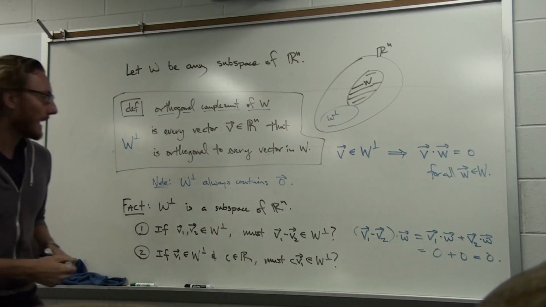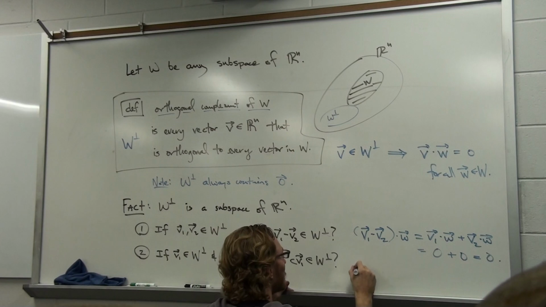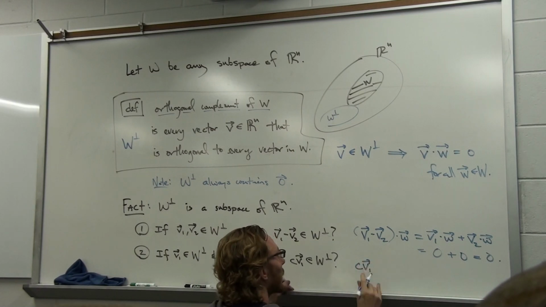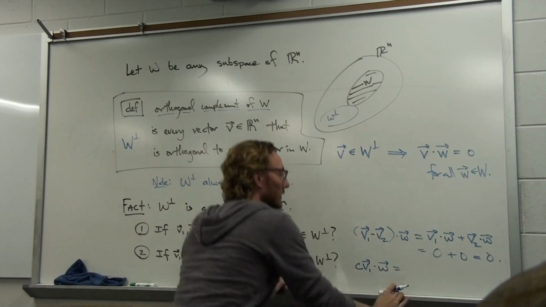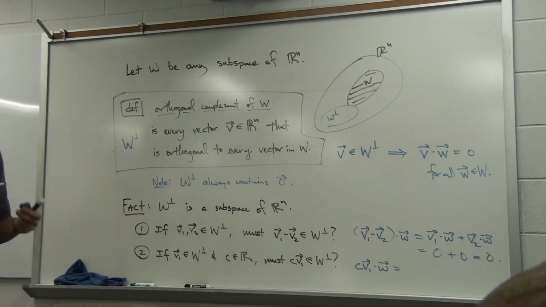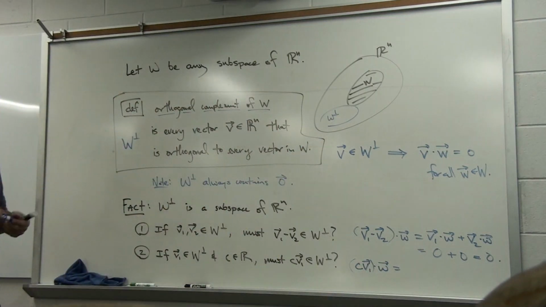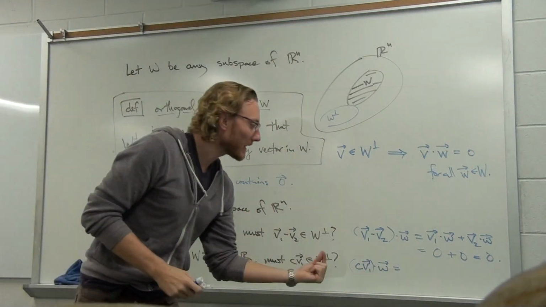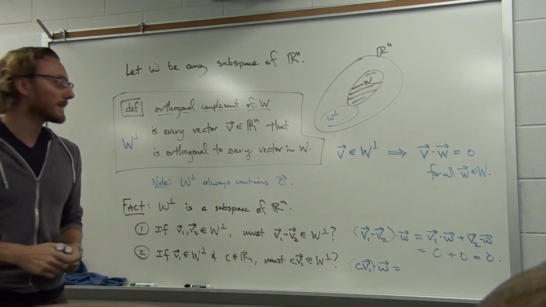And well, let's scale our vector here. So if we do scale our vector, the question is, does that dot with every vector of W to be 0? And I claim that it does because using the fact from the previous video, we saw that whether you scale a vector and then dot, or scale the dot product, you get the same result.